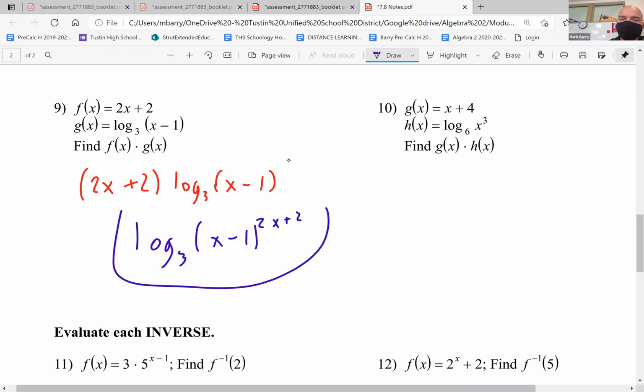So that's how they wanted us to write it. Log base 3 of x minus 1 to the power of 2x plus 2. So we did learn that in like 7.3, that if you have a number multiplying in front of the log, it can move up and become an exponent. Now I'm saying, even if it's like 2x plus 2, it can go up and become the exponent.